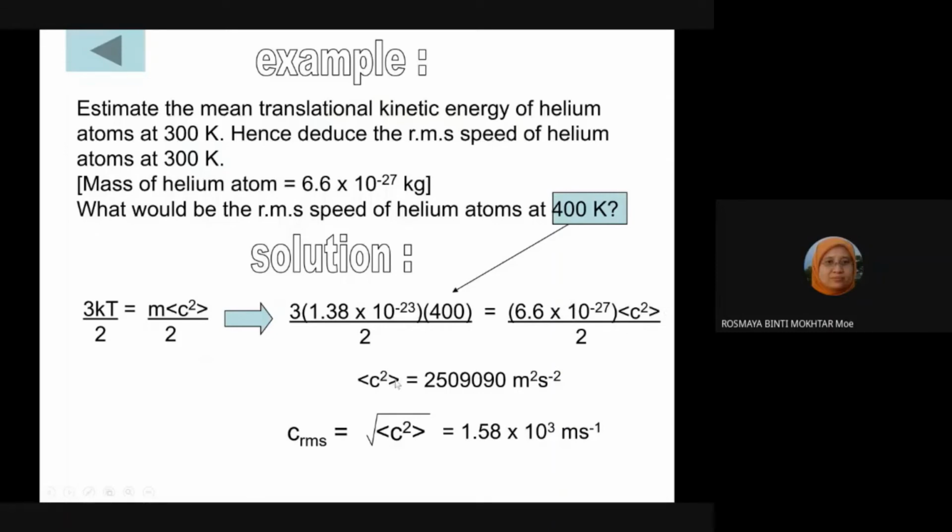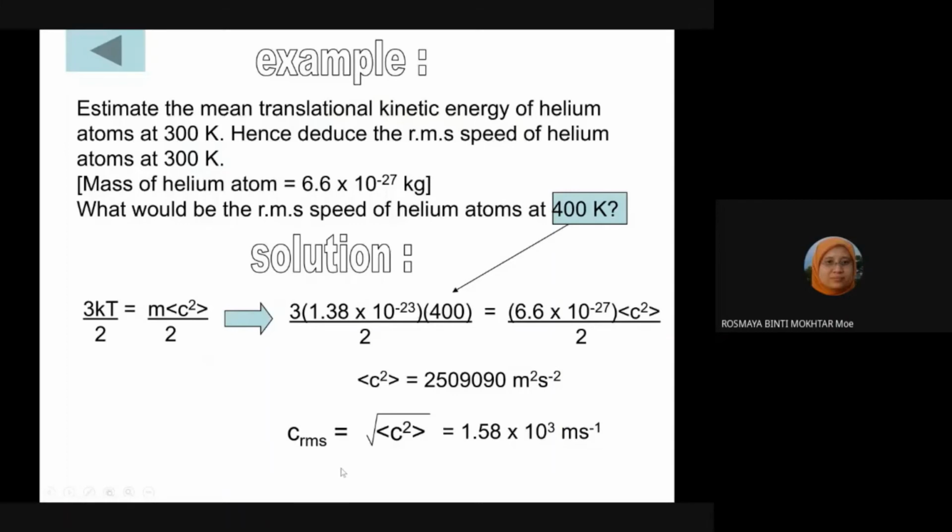You get the mean square speed, then for the RMS speed, the square root of this value. So you get 1.58 times 10 to the power of 3 meter per second. We skip the kinetic energy part because the question doesn't want it. It depends on what the question actually asks.